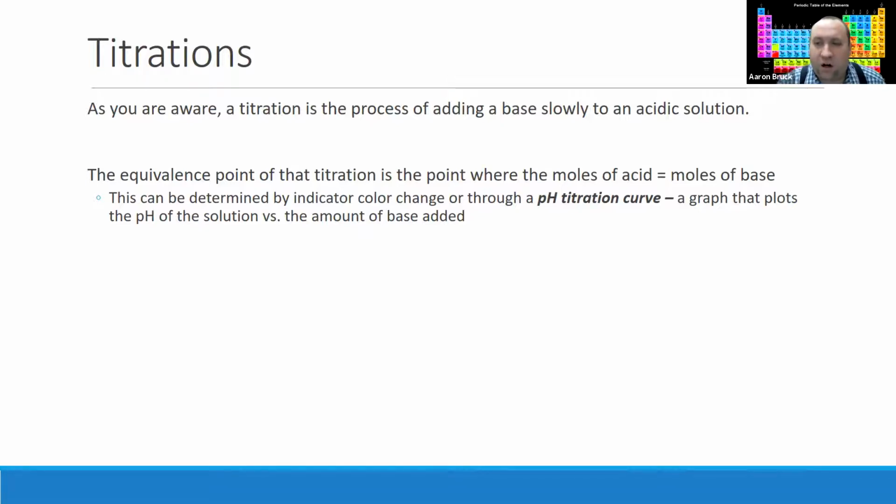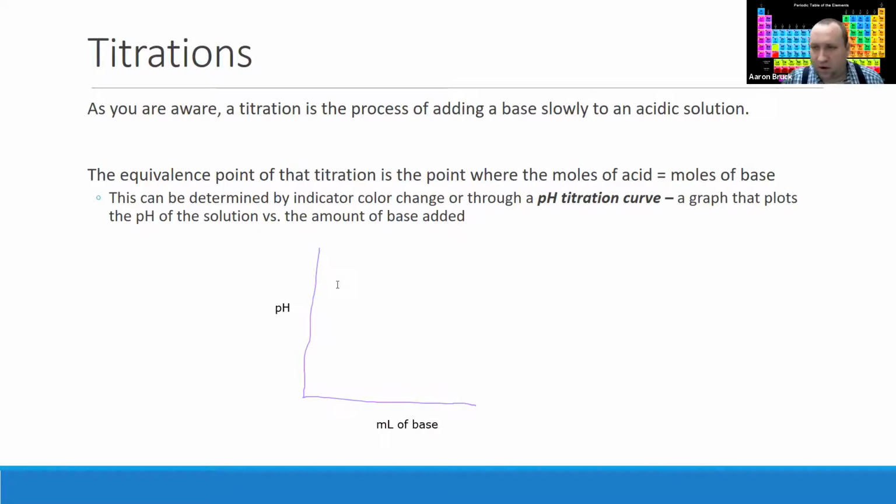A titration curve is a graph, and that graph plots the pH of the solution on the y-axis and the base added on the x. That is the primary purpose of this particular graph.